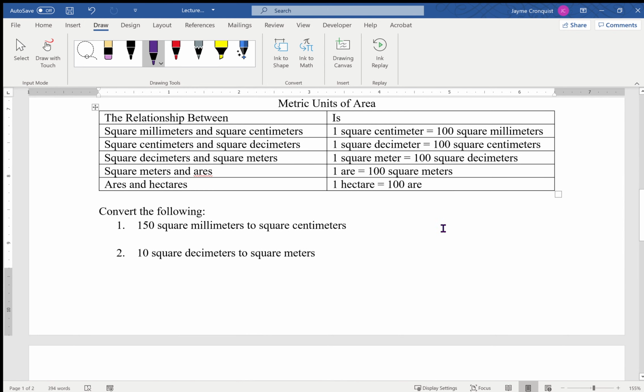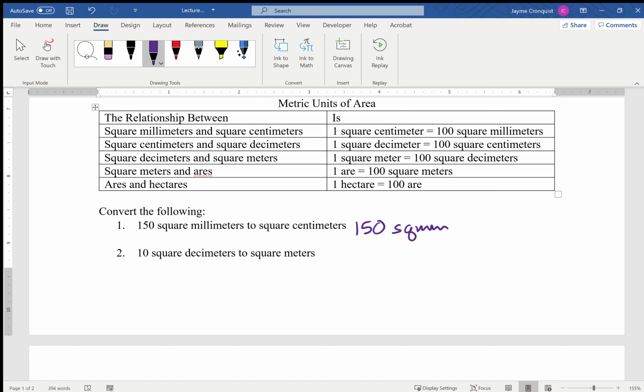All right, so now we're going to talk about millimeters and centimeters again. Now remember that 1 square centimeter is 100 square millimeters. 1 square decimeter is 100 square centimeters. 1 square meter is 100 square decimeters, etc. Okay, 150 square millimeters, and we need square centimeters.